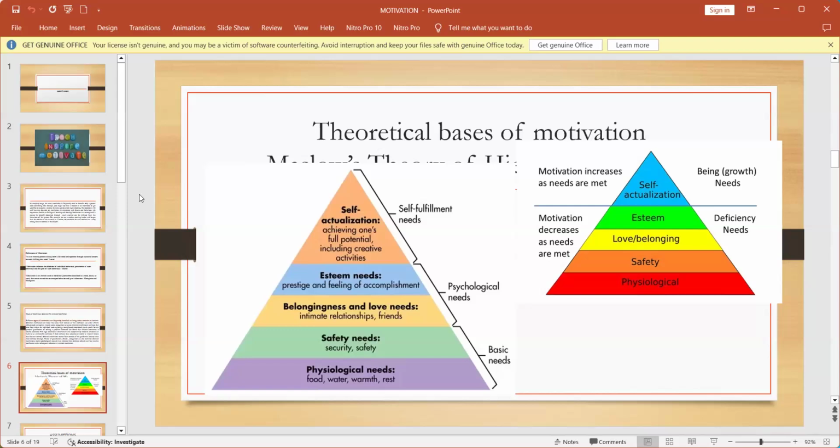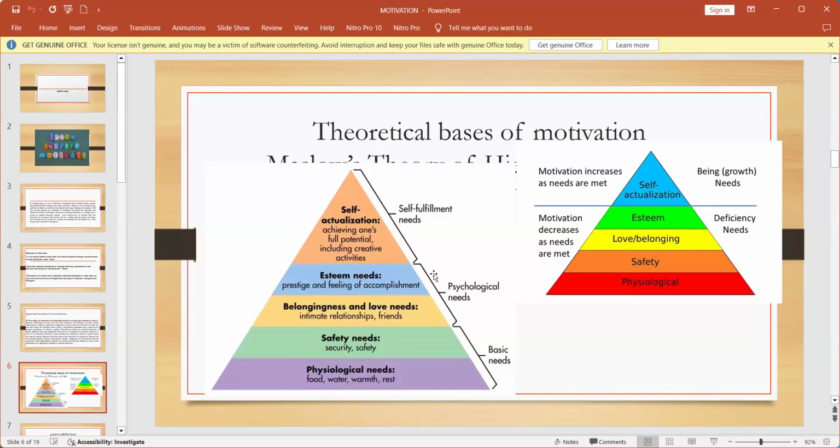As you see on this slide, the most important needs are at the bottom, then the second most important need, the third, the fourth, and the fifth type.